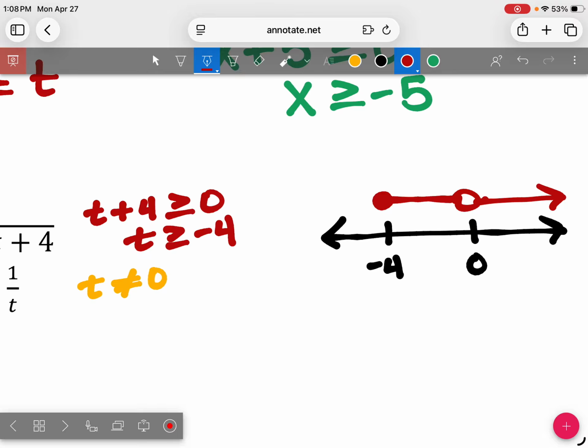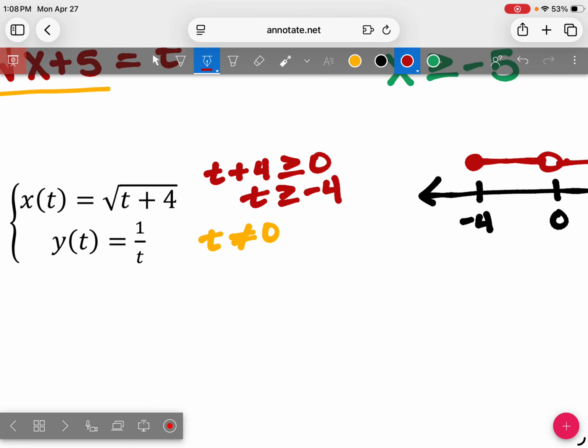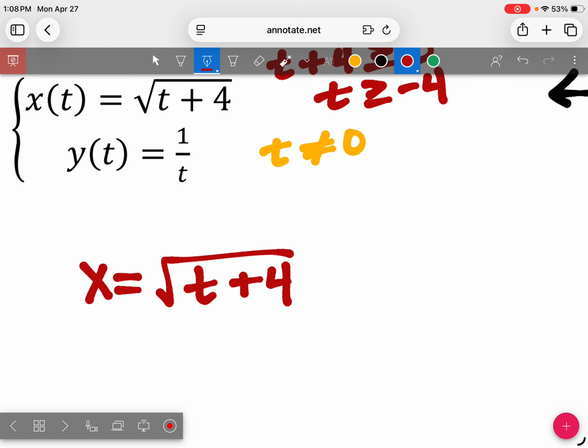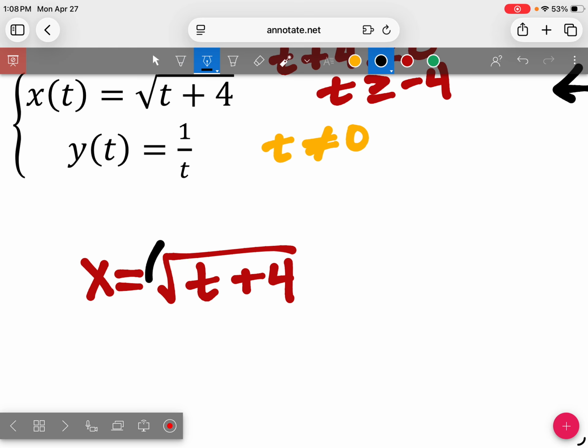Okay, so now let's solve x for t. Let's start making our equation. X equals the square root of t plus 4. So the first thing I'm going to do, I have to square both sides.